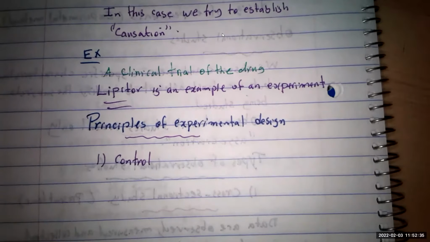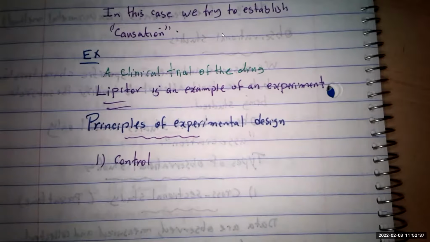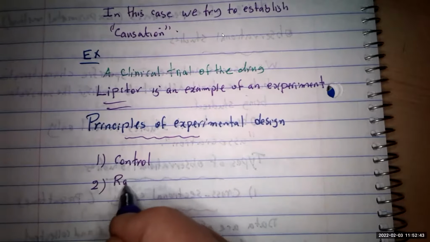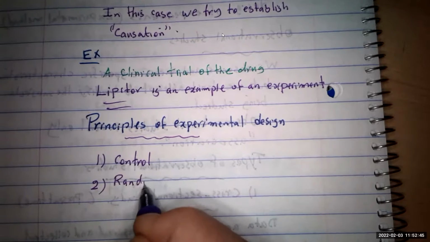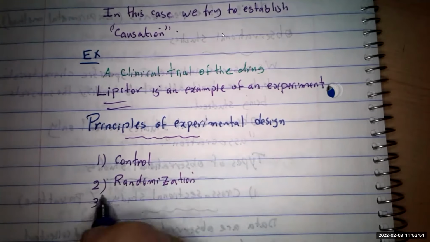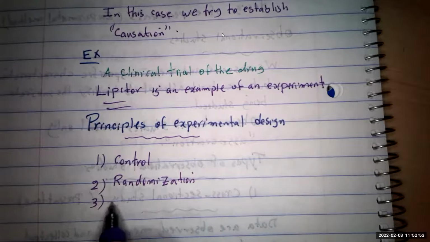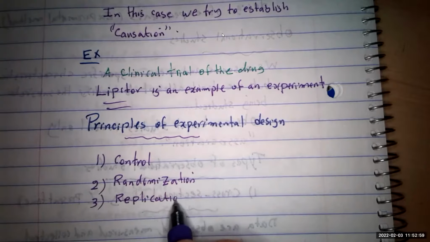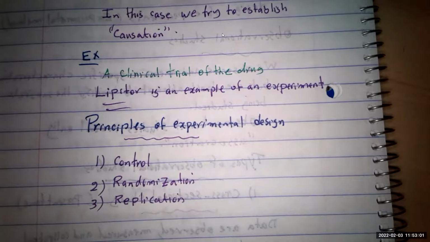The second one is randomization. And the third rule that you have to follow is replication. We usually use these three expressions for designing the experiment: control, randomization, and replication.